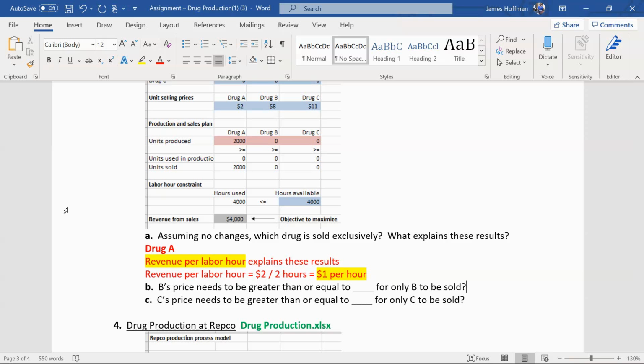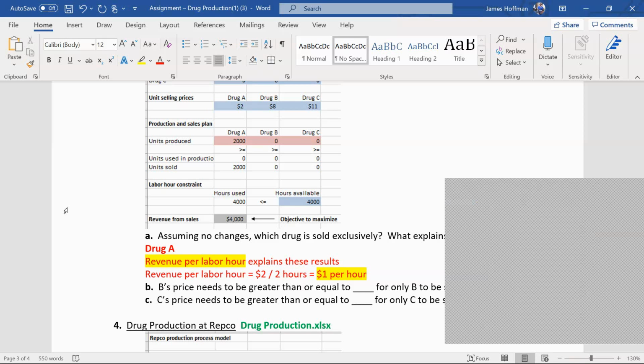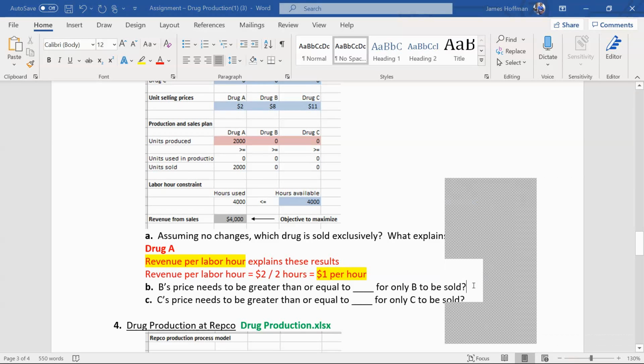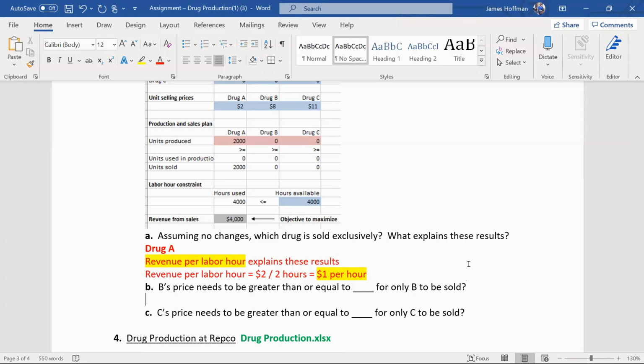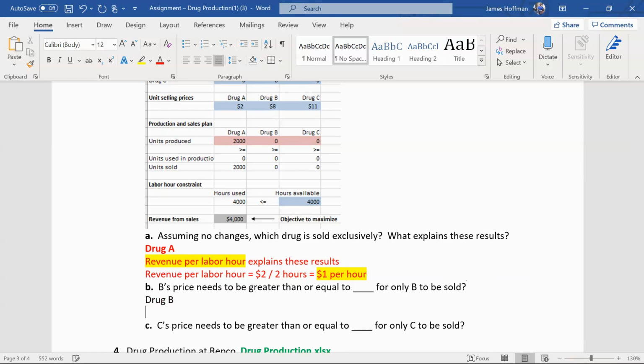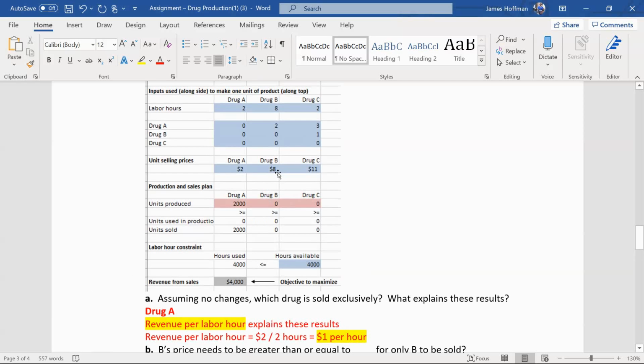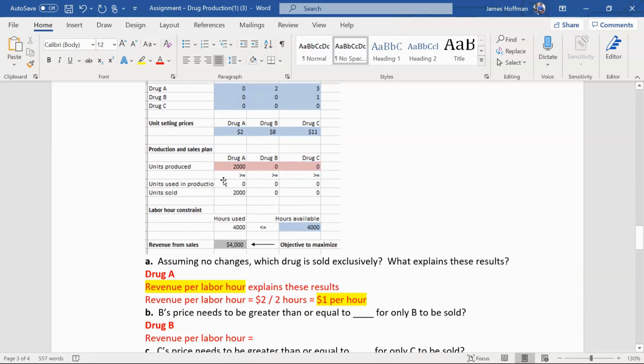Let's first figure out again the current revenue per labor hour for drug B. Just to confirm, it's got to be less than $1. Drug B is selling for $8.